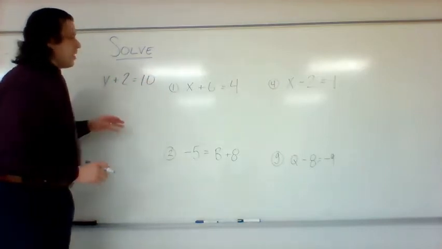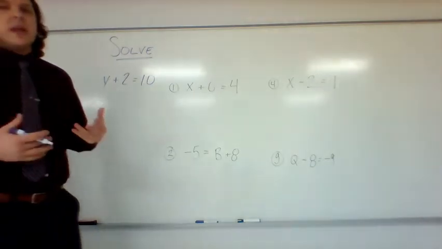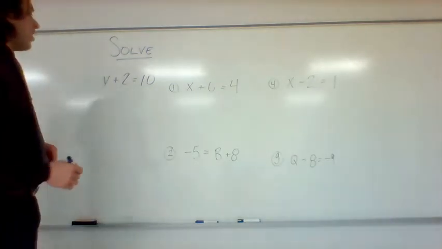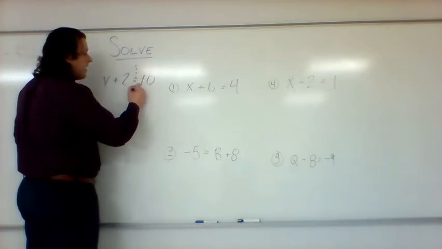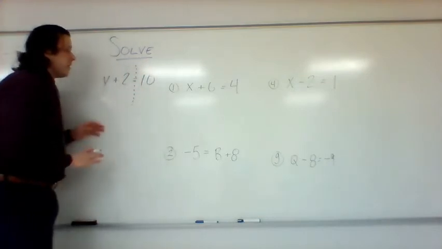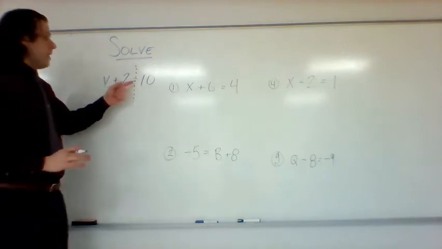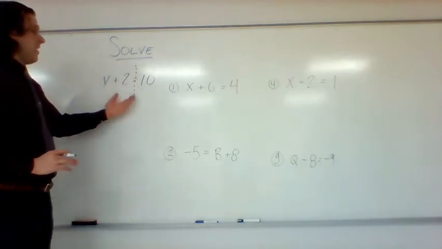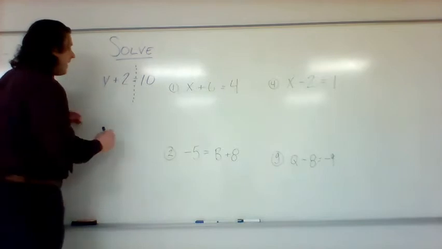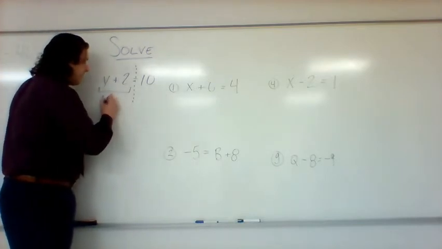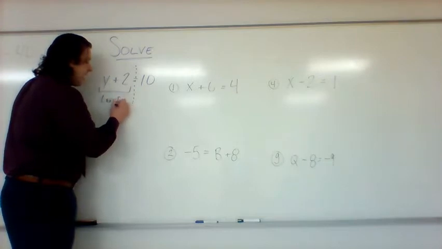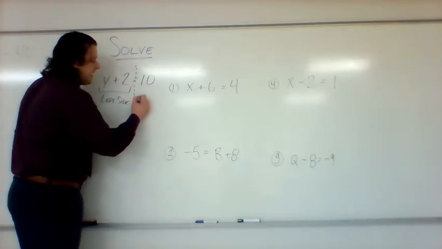There are two sides to an equation. If I draw a line down across the equal sign, you can see I've split the left side and the right side of the equation.